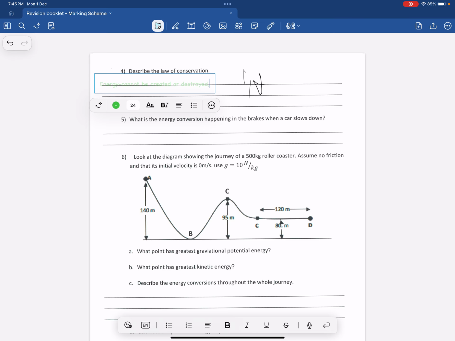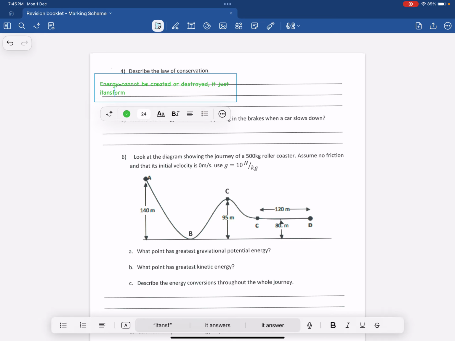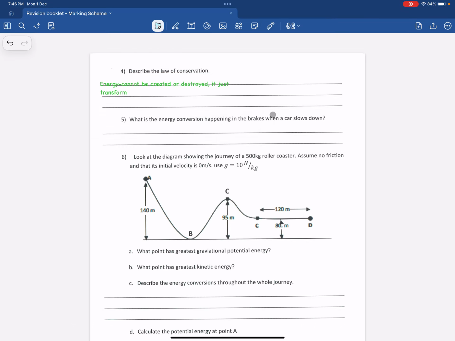It just transforms. Just please ignore. So transform here.